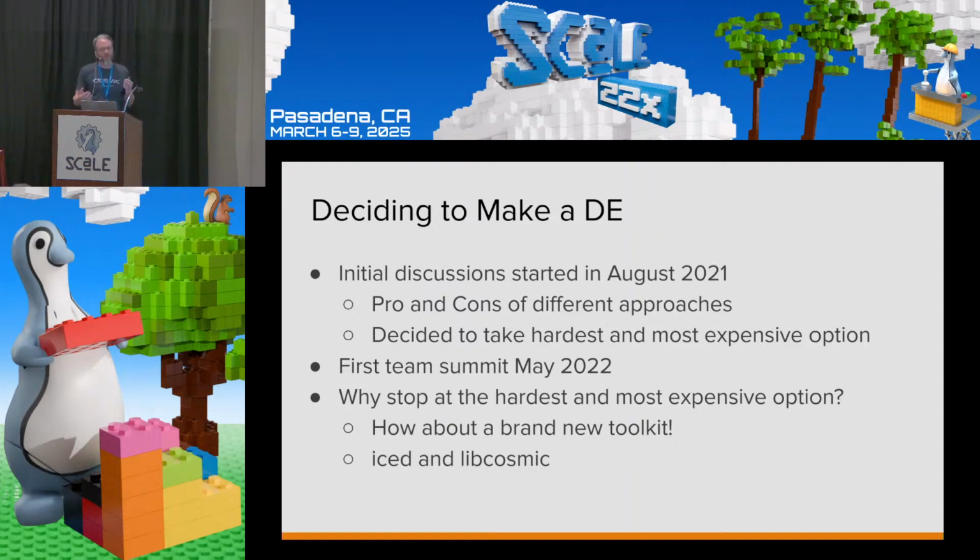In the end, we went with Iced because we wanted a pure Rust stack from the bottom all the way up, and we liked Iced's licensing in that I believe it's MIT license. Slint kind of has a dual license for commercial and open source, and we didn't want any of our users or people developing applications to have to make a distinction between those two. We wanted it to be just a very liberal license, which is why we chose Iced.